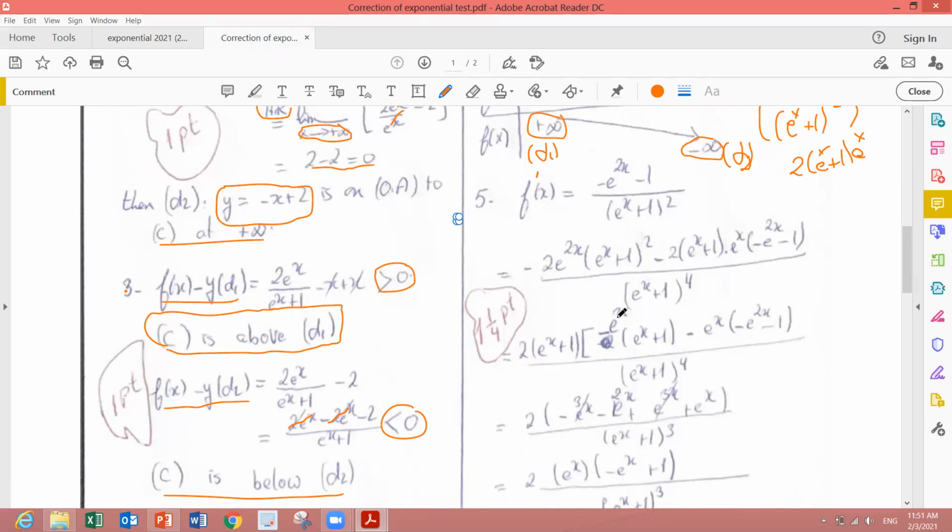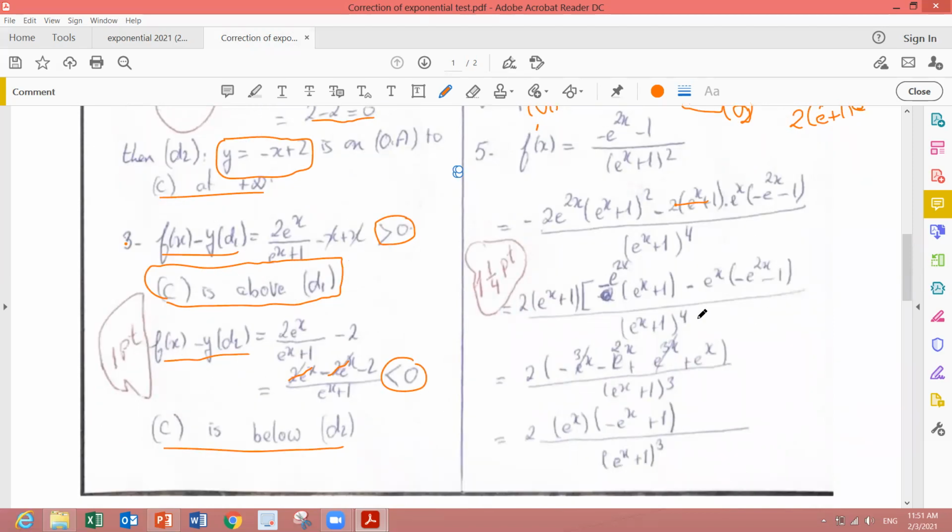Remains here minus e power 2x into (e^x plus 1), minus, still we have e^x into (minus e power 2x minus 1), over (e^x plus 1) to the power 4. This cancels with this, and we still have a cube and 2.